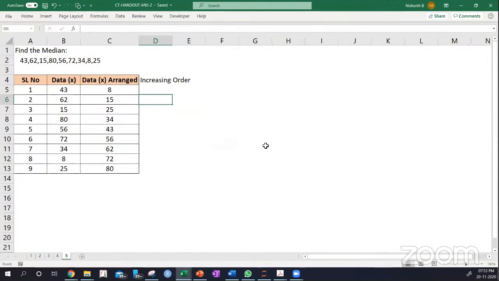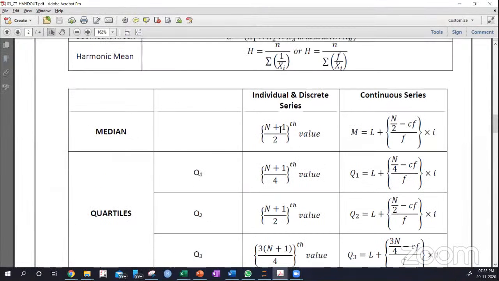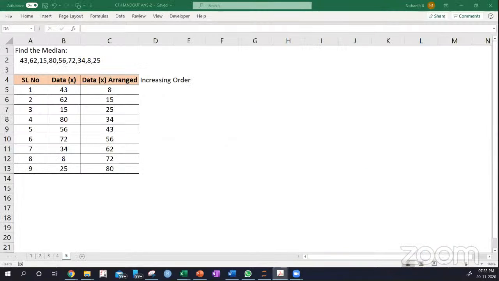Now the formula. For individual and discrete series, it is the (n plus 1) by 2th value. How much is n here?